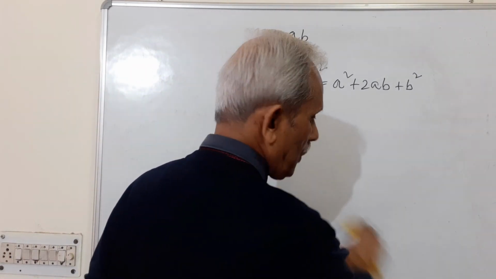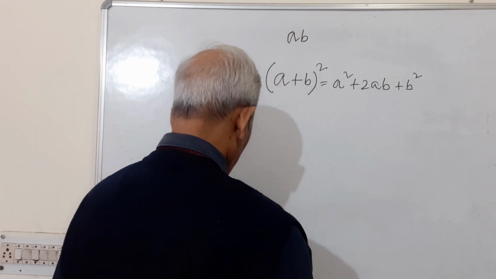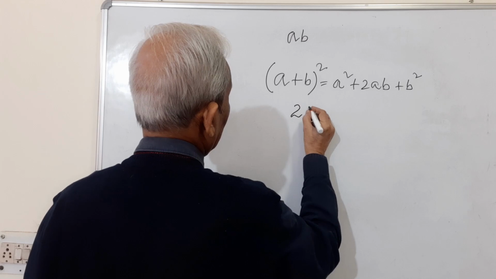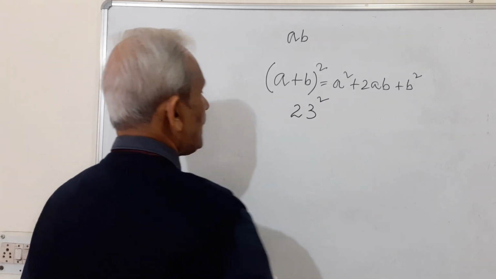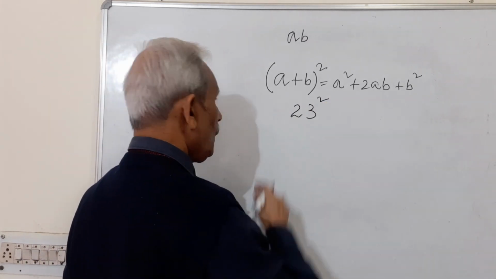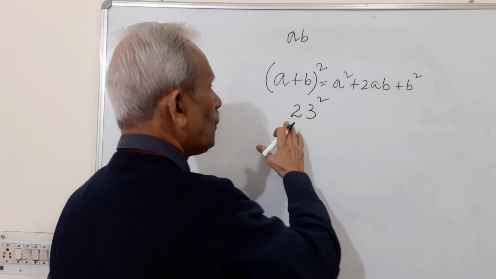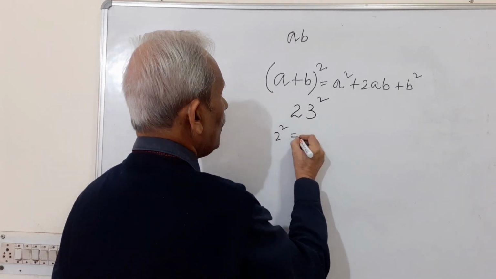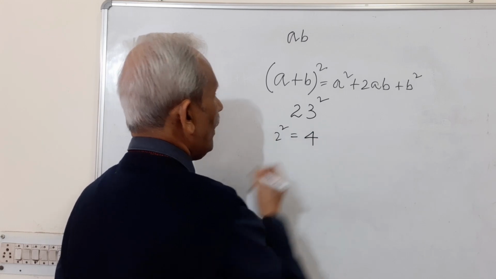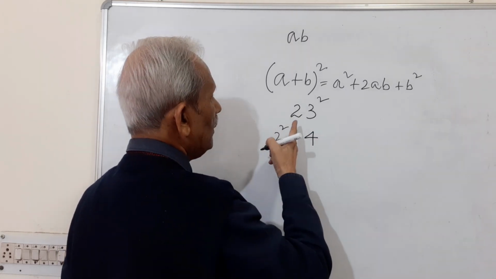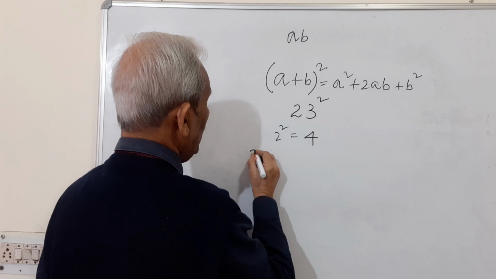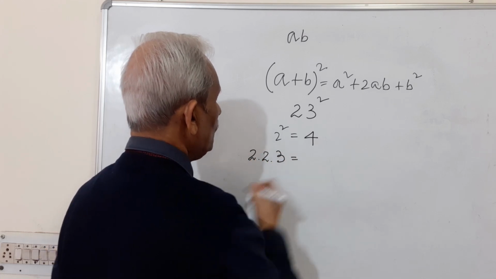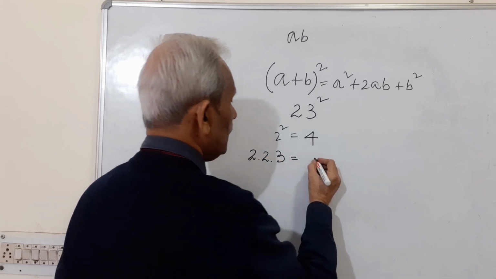Let us try to see the problem. Say 23 square. You just write down here 2 square, don't take 20 but take 2. 2 square is 4, and then 2ab is 2 into 2 into 3, which is equal to 12.